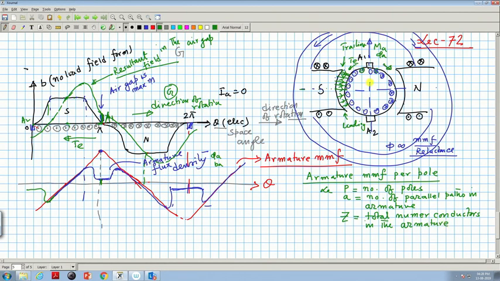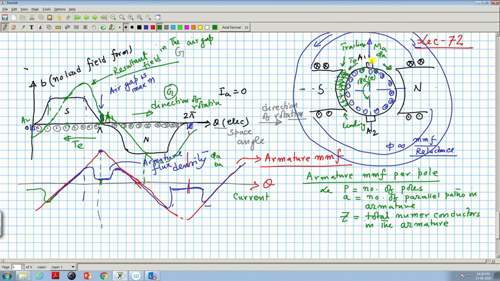What is this angle? This angle is 180 degree electrical. It is not a multipolar machine; I have represented it as a two pole machine. So, the thing is, what is the current flowing through each conductor?